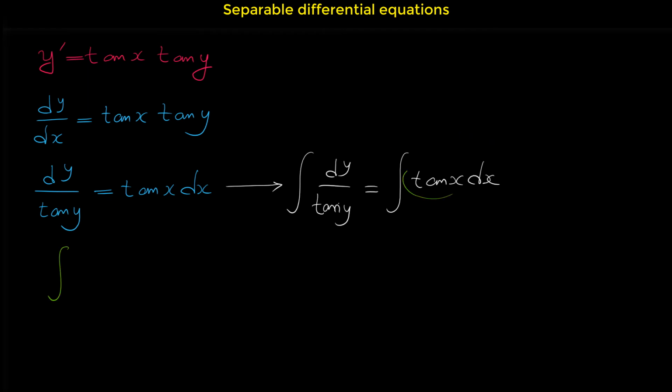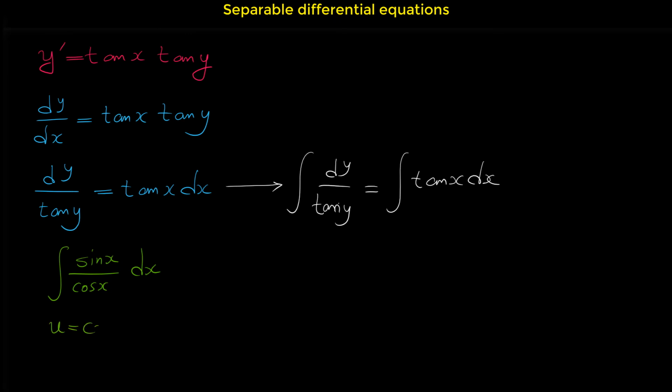Note that we can write tangent of x as sine of x over cosine of x dx. From trigonometry, we know that tangent of x is sine of x over cosine of x. Now for finding this integral, we can do a simple u substitution.